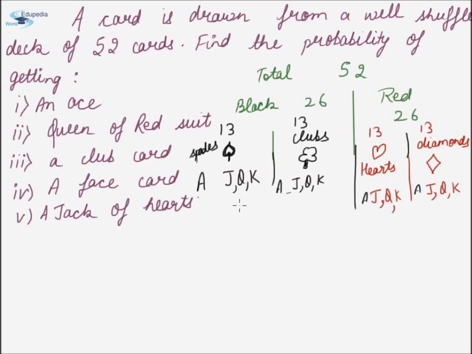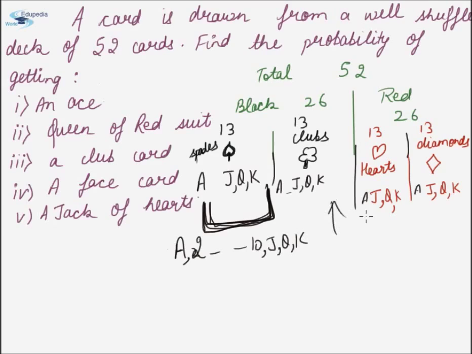So, for a particular group, a particular set of these 13 cards, we have a card with the letter A, then we have the cards from 2 to 10, then the cards for J, Q and K. Similarly for all these sets.